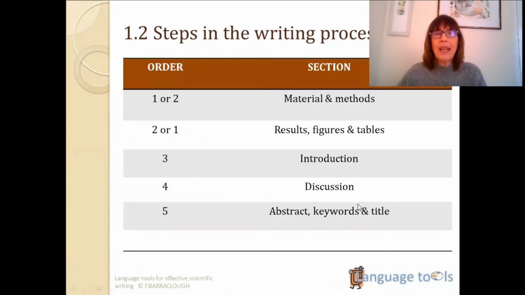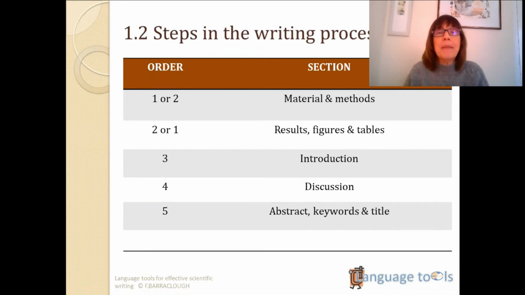so the order, as I said in this course, for simplicity's sake, I have followed the order of the research article, okay? But this is not the order in which you are going to write, obviously. Now, you could choose to write up the materials and the methods or the results first, okay?